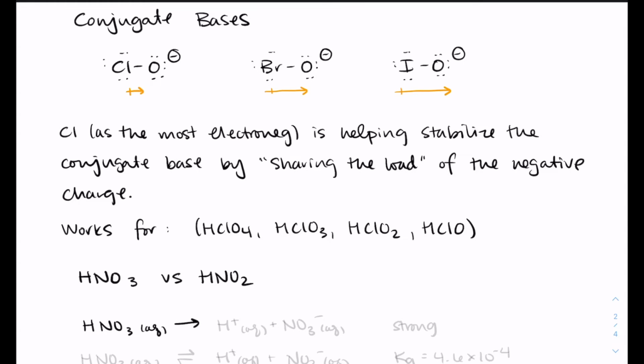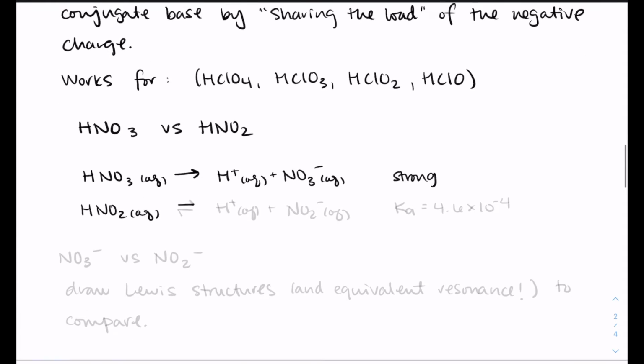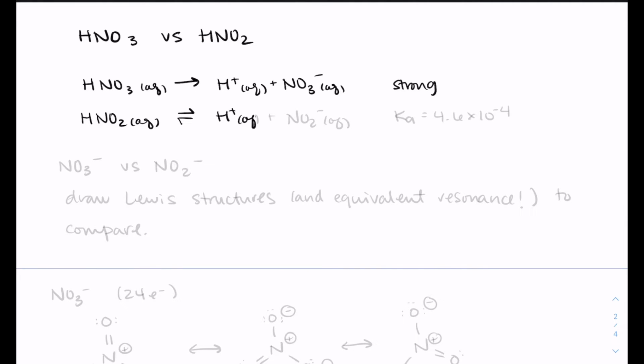So we're going to do NO3 minus versus NO2 minus because we're going to look at HNO3 versus HNO2. So nitric acid is a strong acid and nitrous acid is a weak acid. The only difference is the one oxygen in the anion. So when you want to compare the strength of an acid, unless it's one of those binary acids that we had at the beginning, you have to look at the conjugate base and see what it is doing in solution.